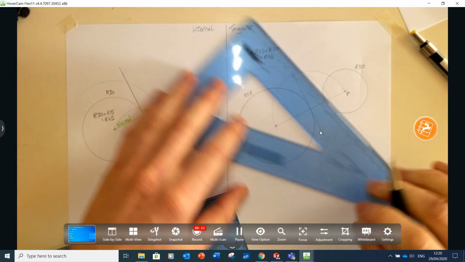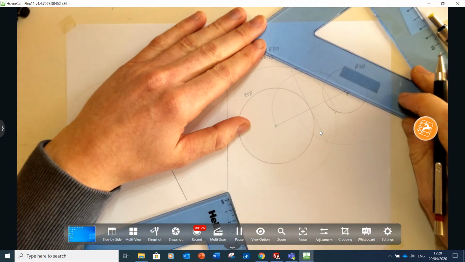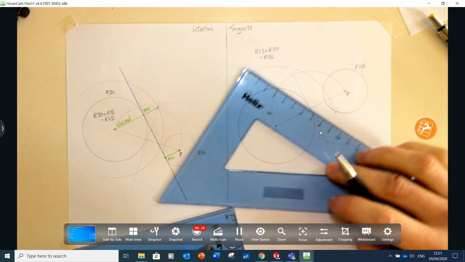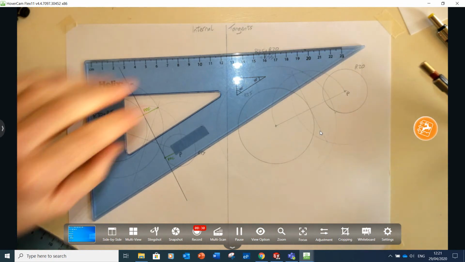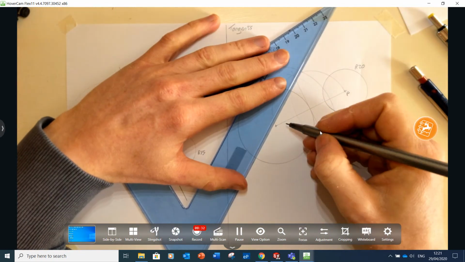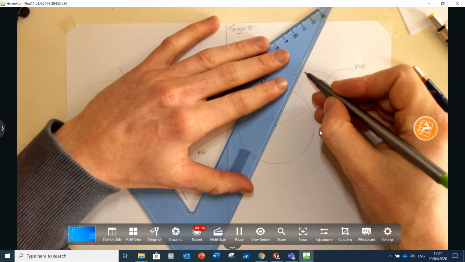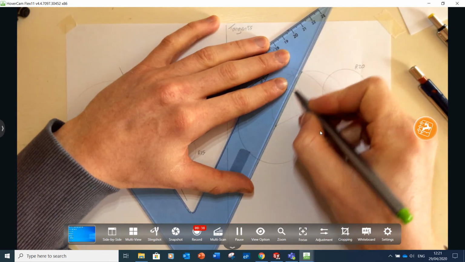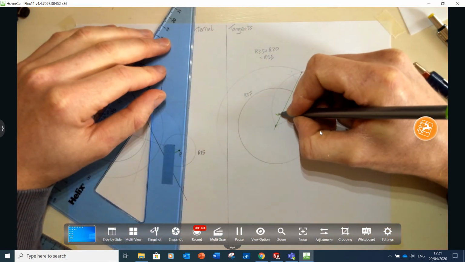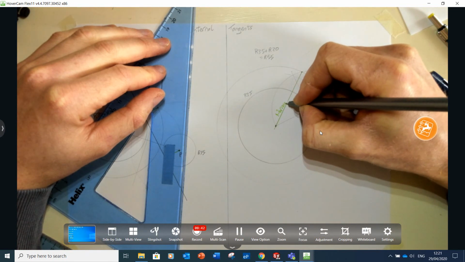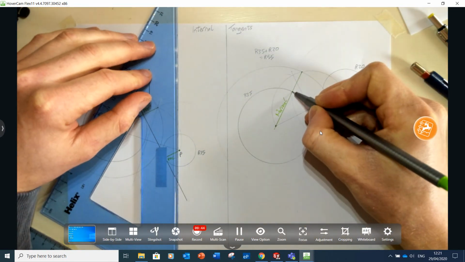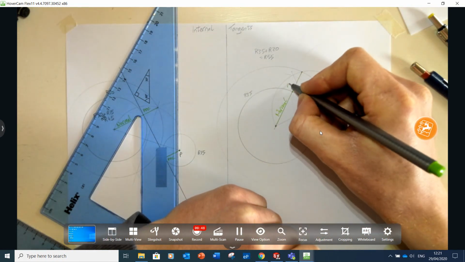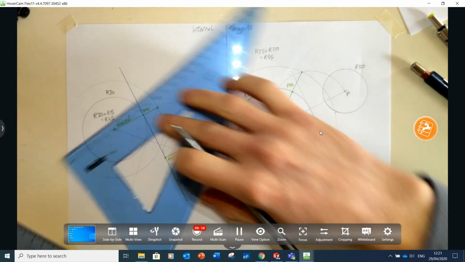If I was drawing a tangent from P to the outside of that larger circle, I would now have my tangent. But I don't need to draw on that tangent. What I will draw, like before, is I'll join that point to the center of the circle, and I will get my normal, where the normal intersects my radius 35 circle. I have my point of contact.